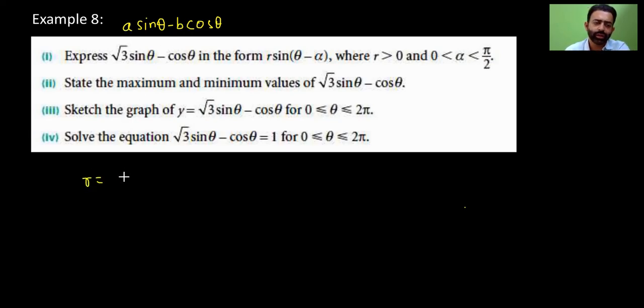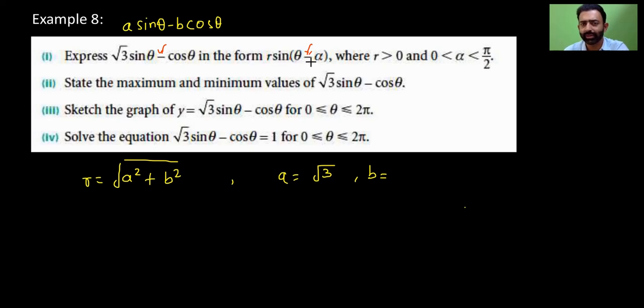So the value of r is just the square root of a squared plus b squared. Here the value of a is root 3. The value of b is not minus 1 that you will use, because it is asking in terms of r sin(theta minus alpha), since it is minus. If it is plus, then it will ask for r sin(theta plus alpha).